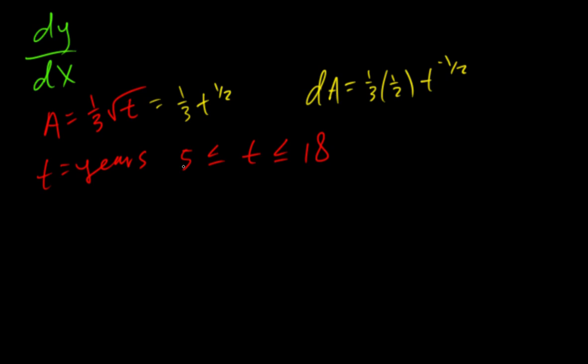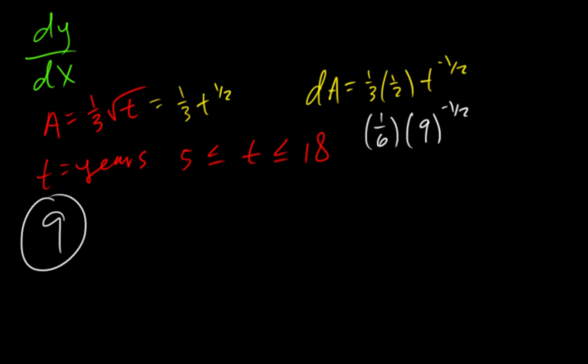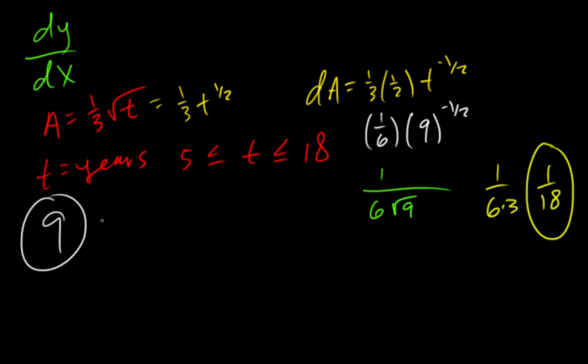If we plug in 9, like we're asked to, we're going to get 1/6 times 9 to the negative 1/2. Negative 1/2 is just a square root on the bottom of a fraction. And so that's really just 3. So we get 1/18. So part A gave us 1/18.